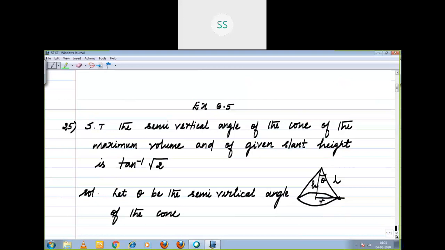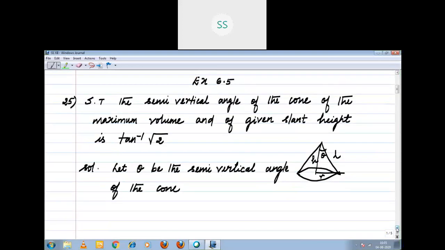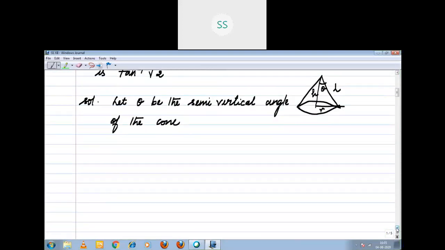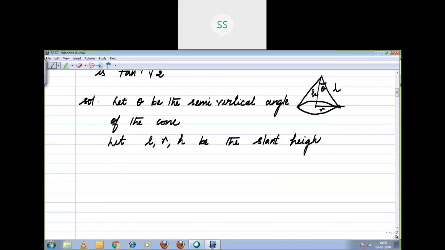Now, let l, r and h be the slant height, radius and height respectively.